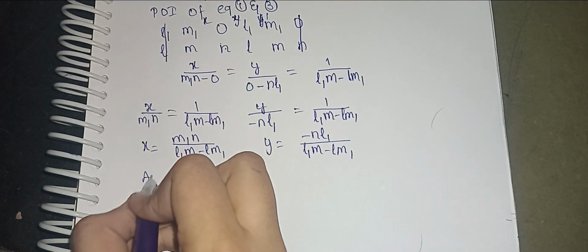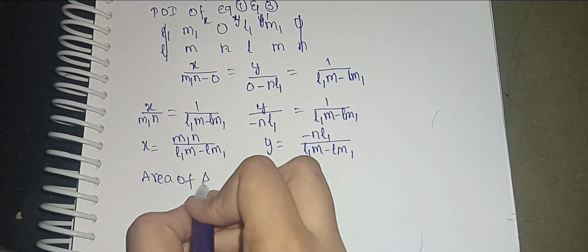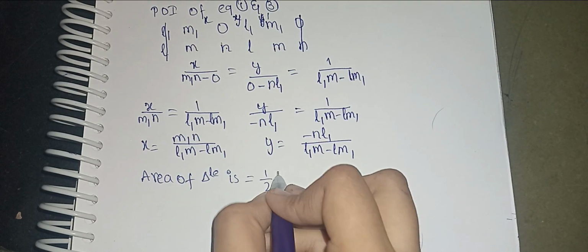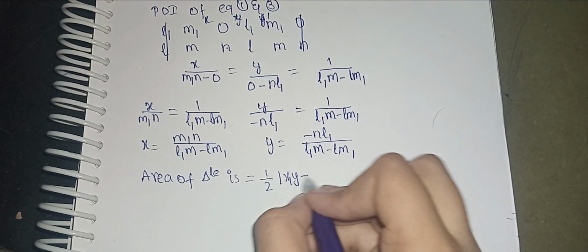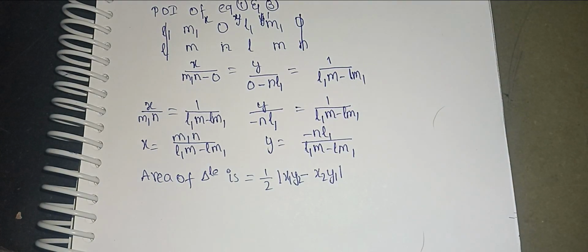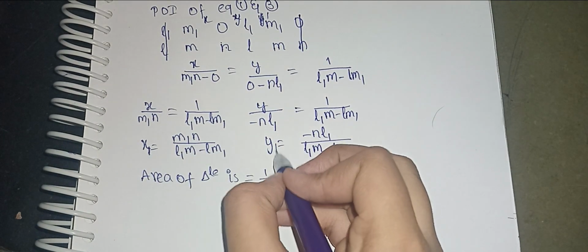Okay. Now, the area of the triangle is half mod of x1y2 minus x2y1. Here, what is x1, what is y1, what is x2 and what is y2? This is x1 and this is y1.